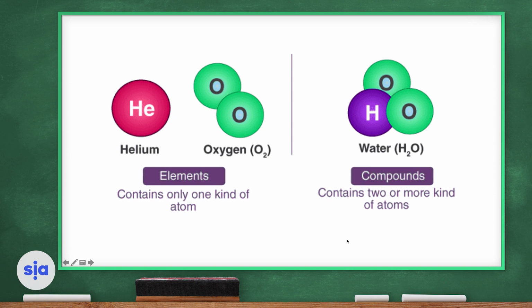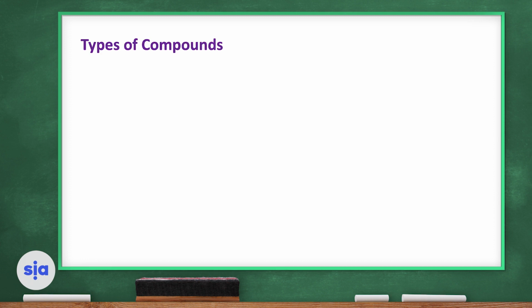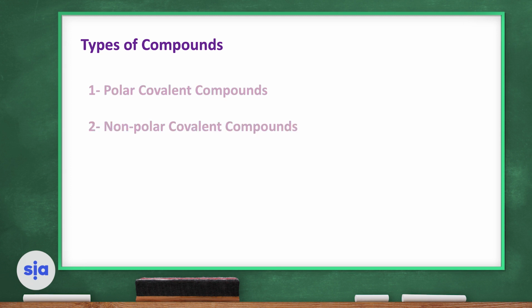So in the compound water, there is hydrogen and oxygen. In the compound carbon dioxide, there is carbon and oxygen, and so on. What are the types of compounds? Polar covalent compounds, nonpolar covalent compounds, and ionic compounds. And we will be concerned with polar covalent compounds in the next slides.